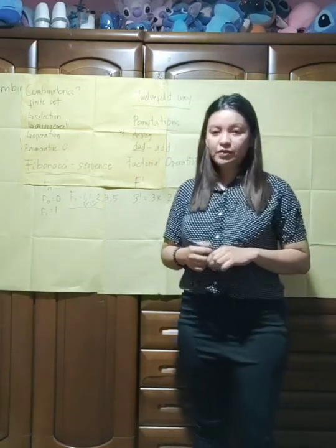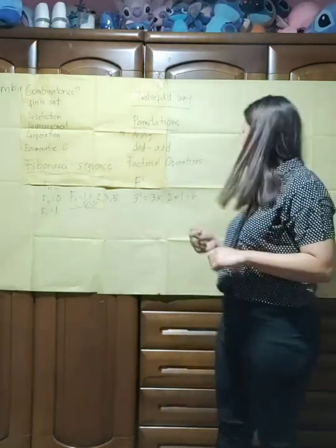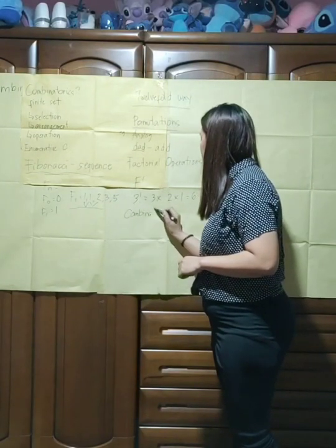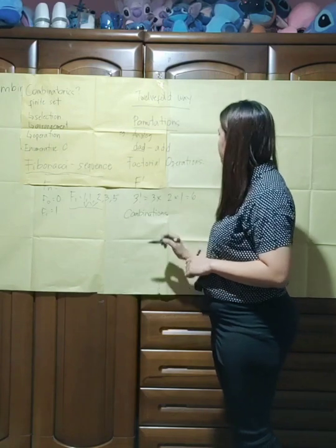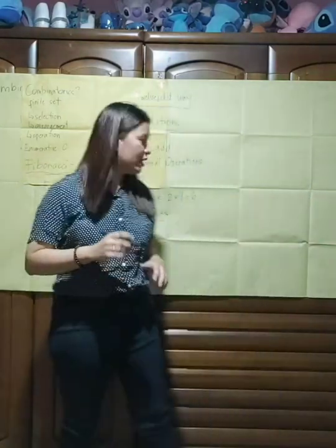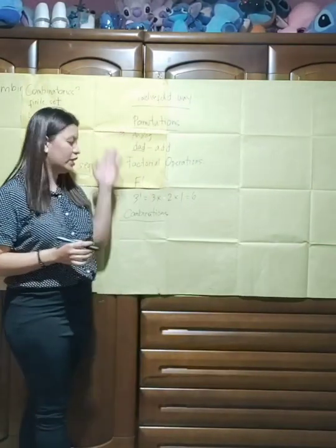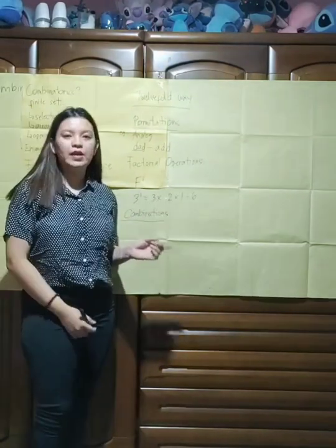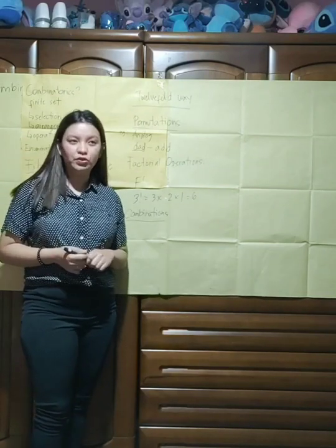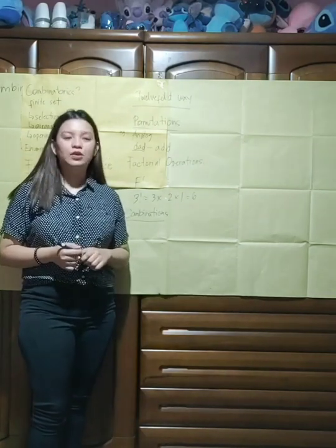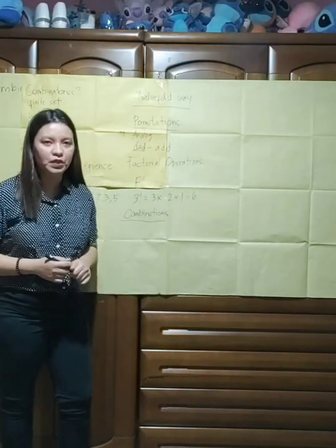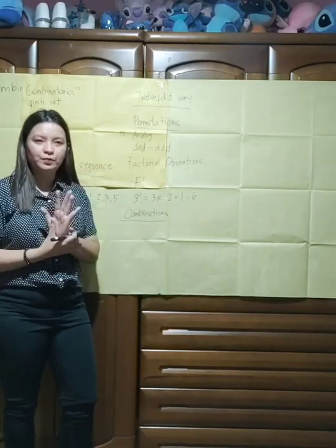Then next is combinations. There is a difference between permutations and combinations. A combination is a selection of items from a set with distinct members where the order of selection doesn't matter. For example, in playing poker, it has a 5-card combination.